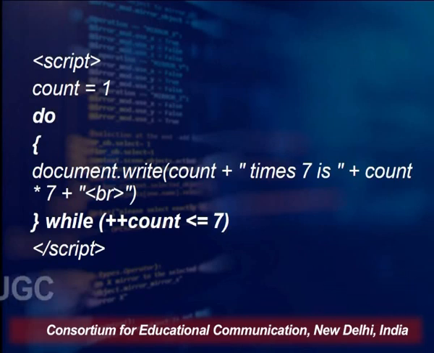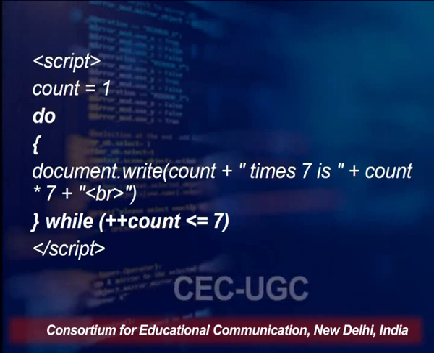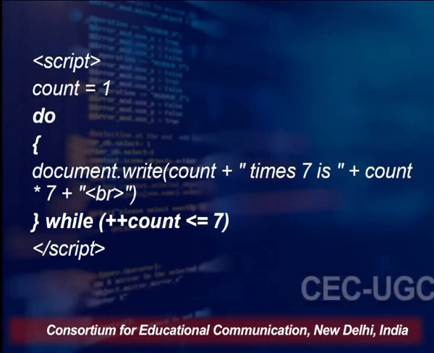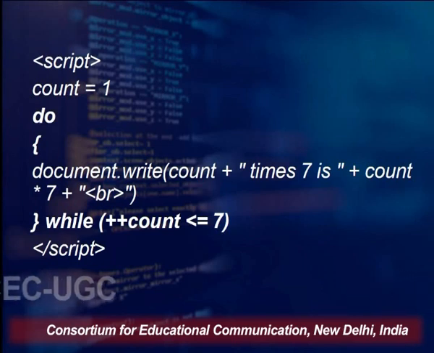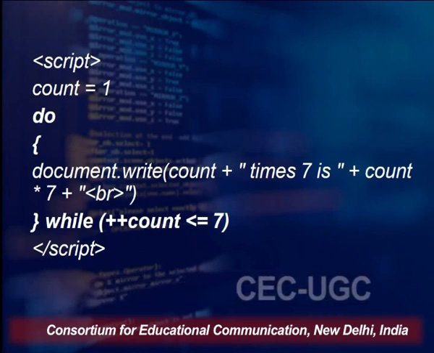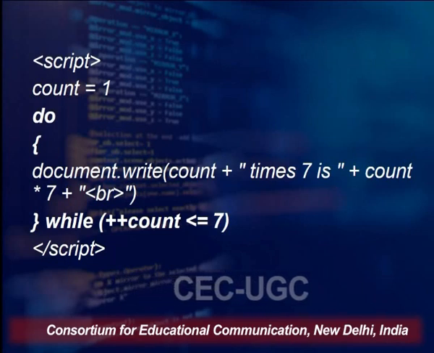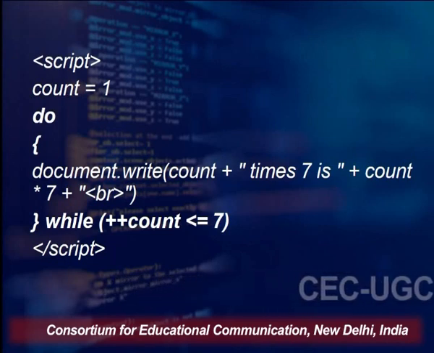Here we write ++count is less than or equal to 7. So ++count means that every time the loop is executed, the value of count will be incremented and then compared. ++count is the prefix version of the increment operator. We use it here because first we want to increment the value and then compare it.